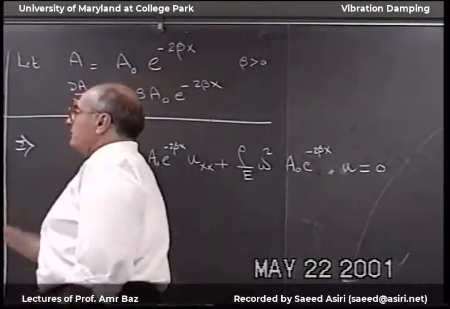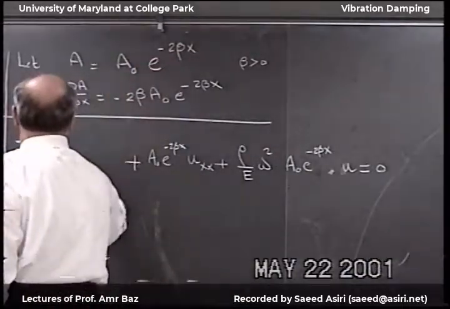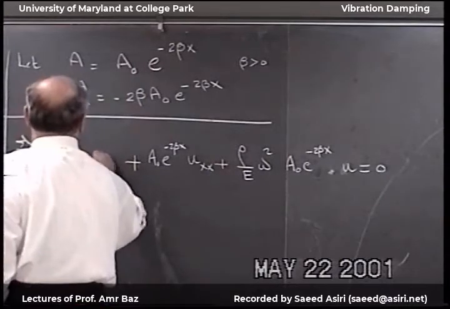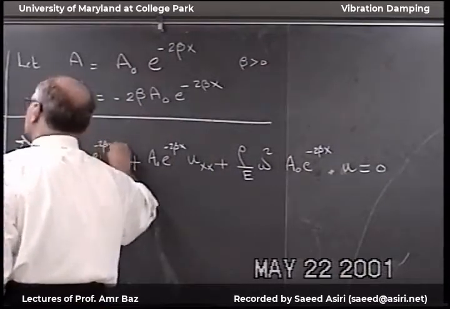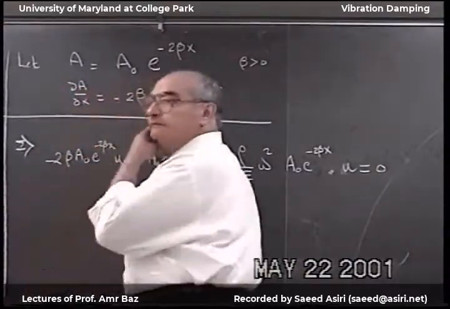And then the first term will be minus 2 beta A0 e to the minus 2 beta x, and then u of x.